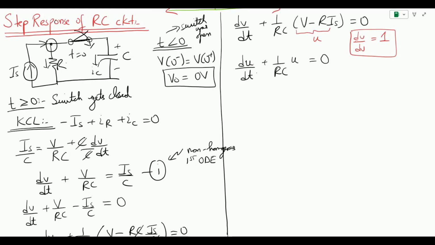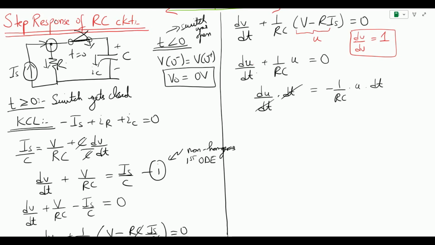So now we have substituted the values of U inside our equation, and now we can go about doing the integration as we did last time. So we go as dU by dt, but first let us get rid of this dt: minus 1 by RC multiplied by U into dt.